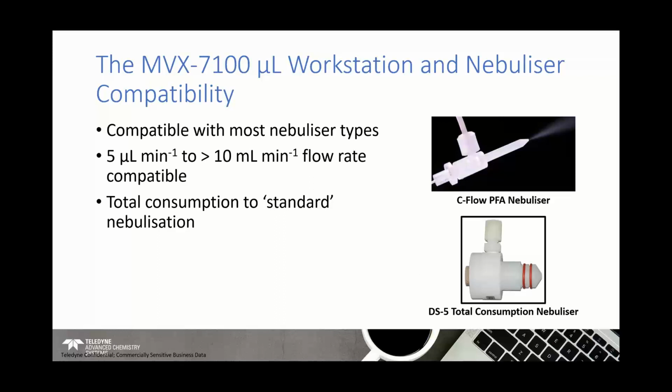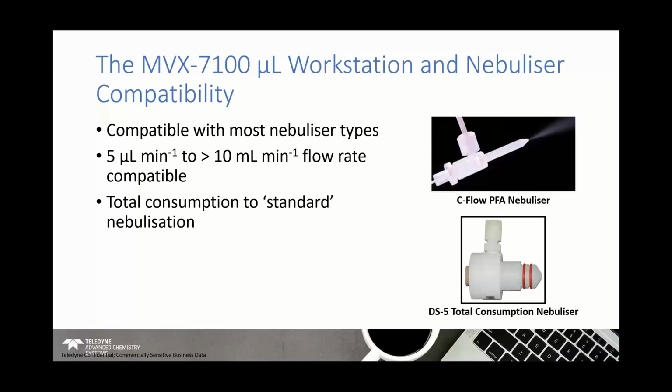That's all the way down to total consumption, down to the low 5 to 7 microliters per minute level, all the way up to anything that you would call standard automation, so 400, 500 microliters up to a milliliter per minute, and well beyond if you were so inclined. So any kind of nebulizer.